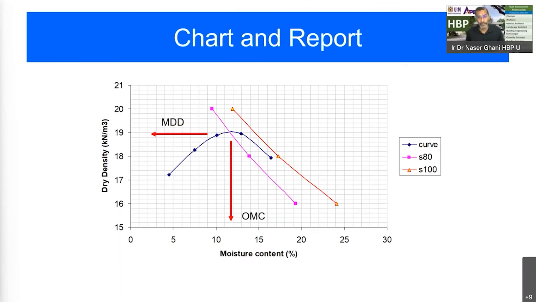The optimum moisture content is 11 point something. So the dry density 19 will be the reference density to be referred to according to the specification. If the specification says 90% compaction, that means 90% of the 19.